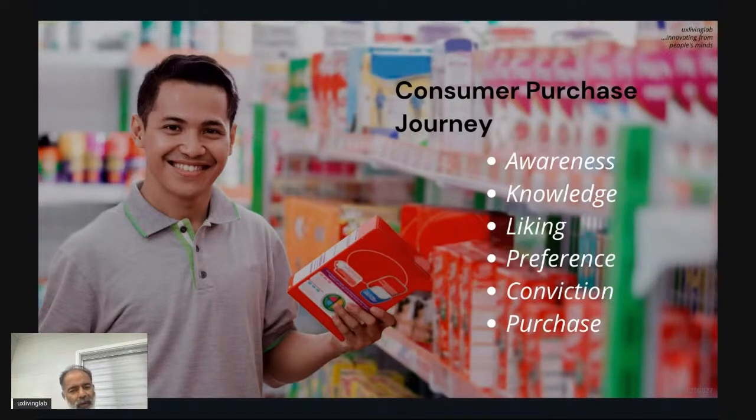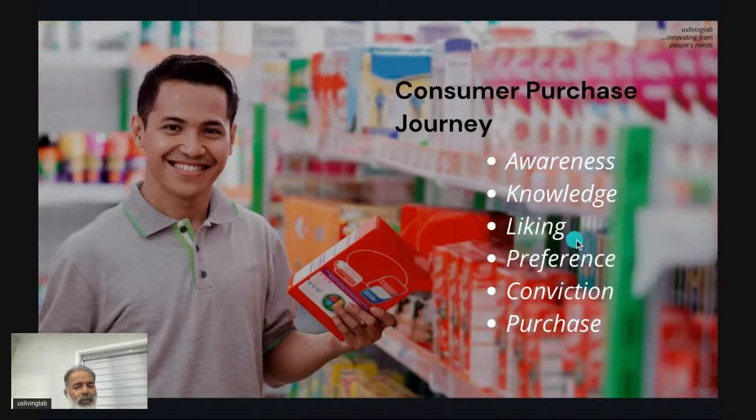Think about you are going to buy a fresh juice. The same thing is going on. Maybe that span will be reduced, and the deep learning will be reduced, but still these steps will be covered in the journey. So this is the consumer journey.